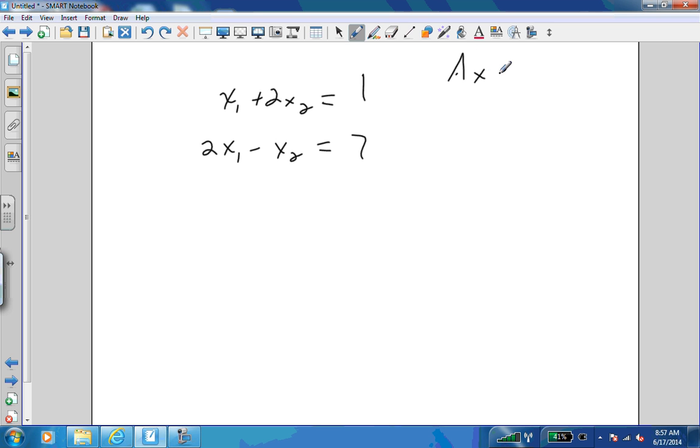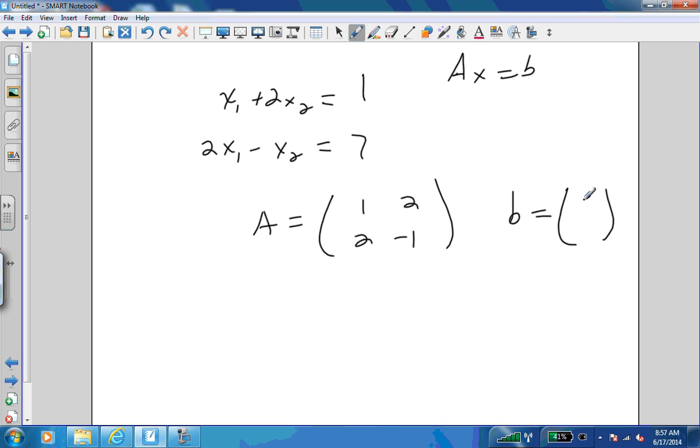And let's write this in AX equal B. So A is our coefficient matrix, 1, 2, 2, negative 1. B is our vector of the right side.